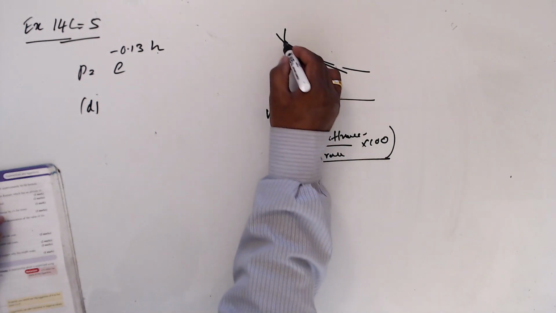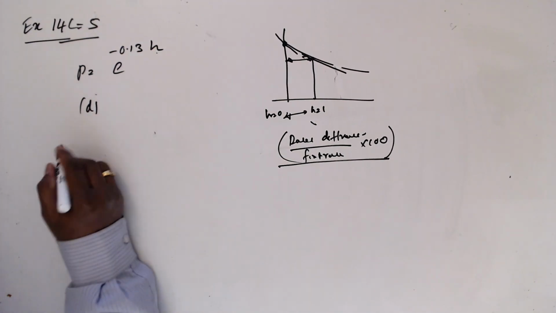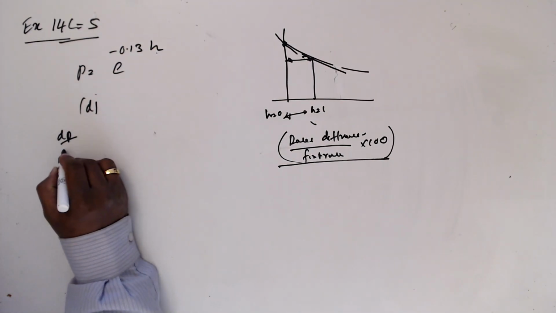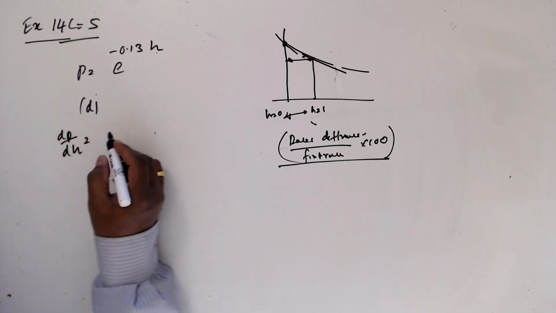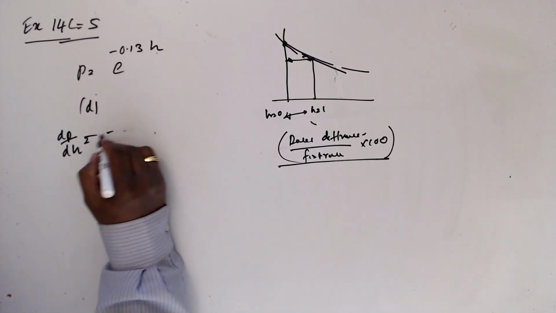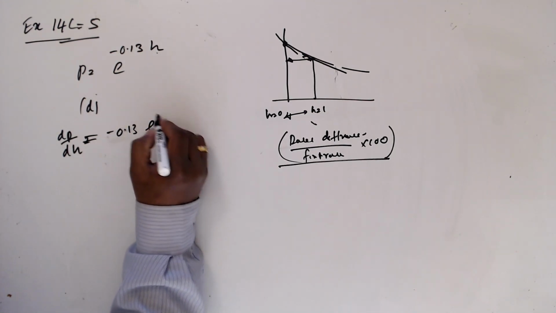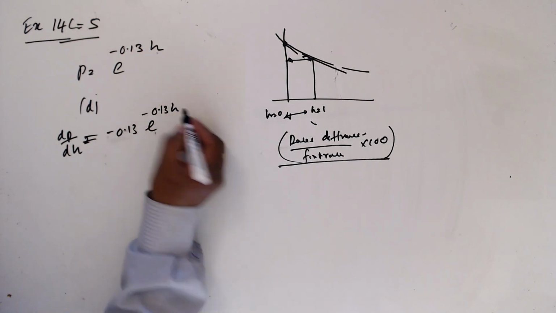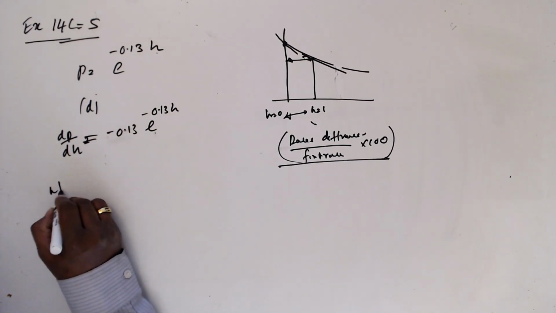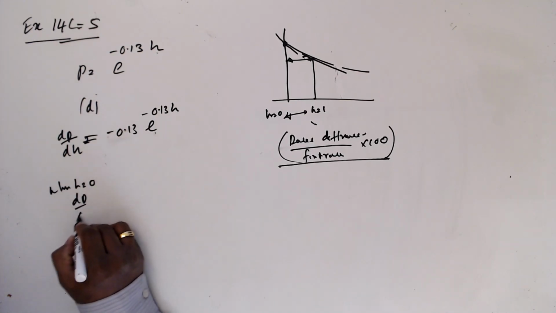So we find the rate here. The rate is dp over dh, so minus 0.13 times 0.313 times e to the minus 0.13h.